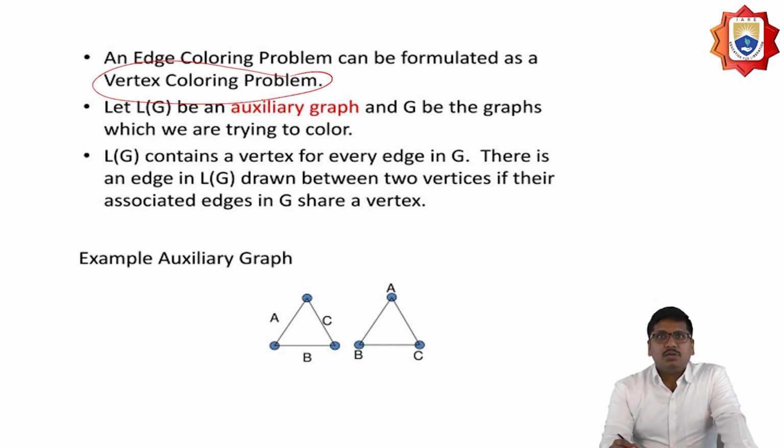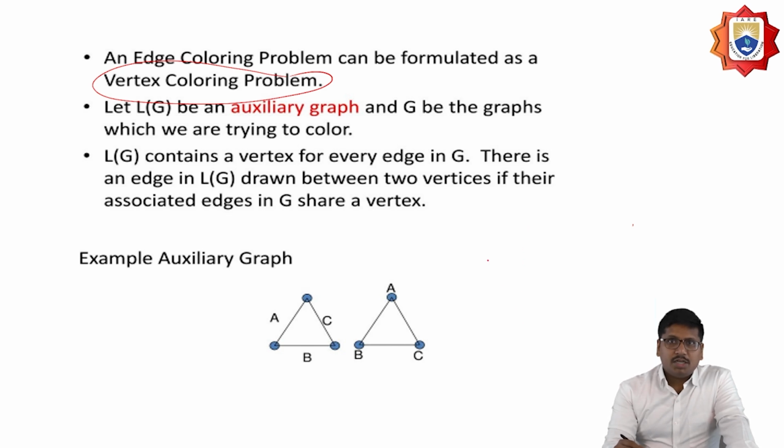Let us consider an auxiliary graph, L of G. L of G contains a vertex for every edge in the graph G, and an edge is drawn in L of G between two vertices if their associated edges in G share a common vertex.